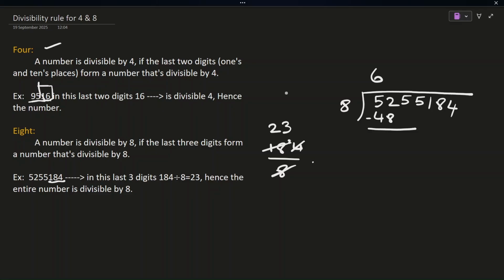Remaining 4. And we are taking this 5 down. Now 5 eights are 40. Minus that, this 5 you will get. And you take this 5 down.